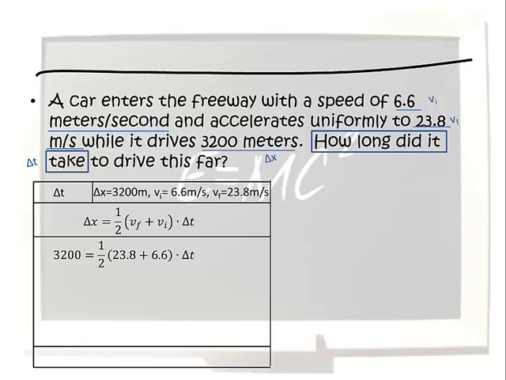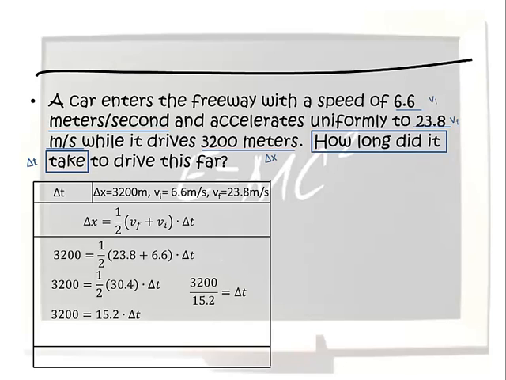I'm going to do inside the parentheses first. 23.8 plus 6.6 is 30.4. Now I can multiply that 30.4 times 1/2 and get 15.2. All that's left to get delta t by itself is to divide both sides by 15.2.